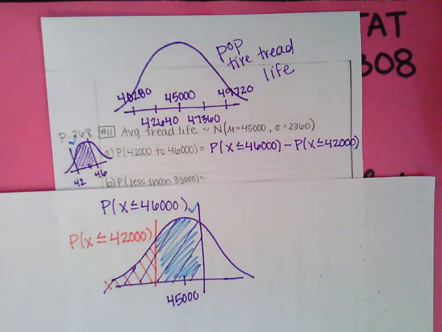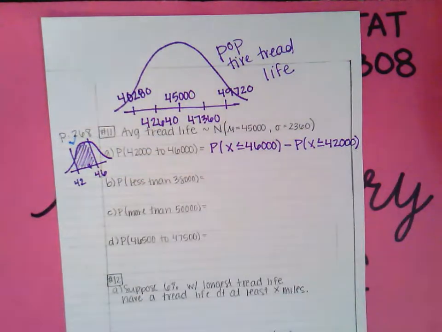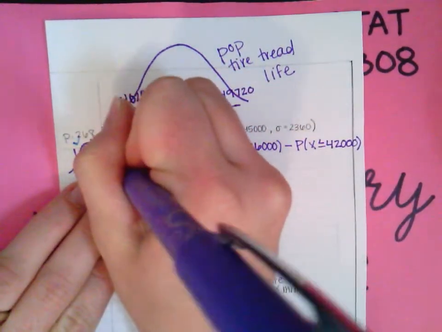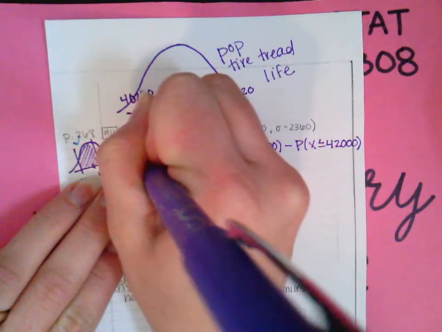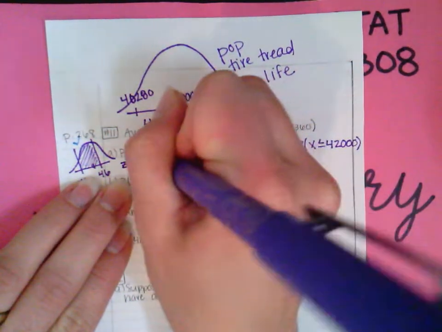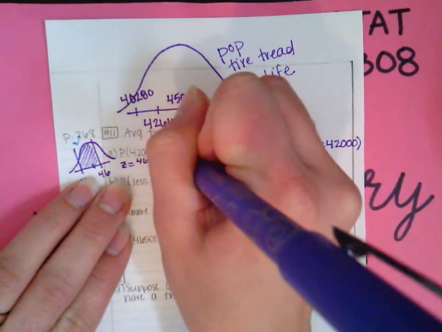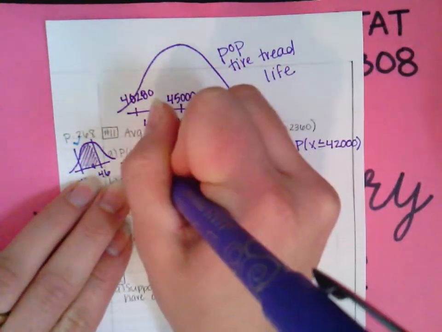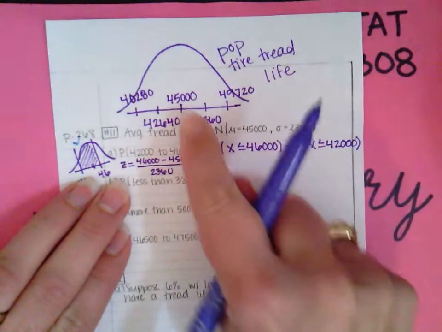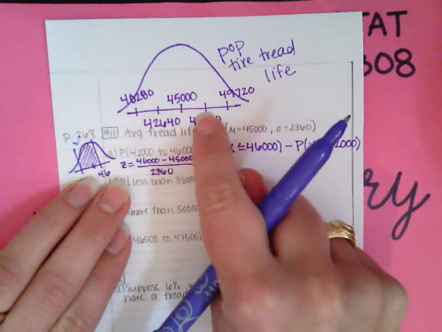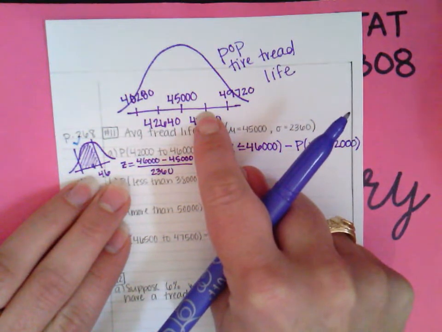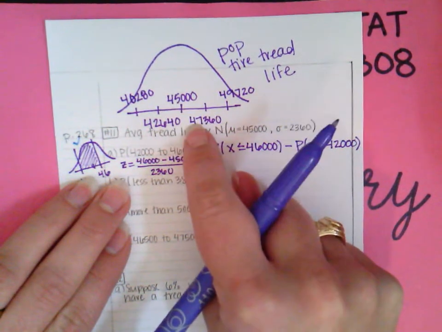So I'm going to find 2 separate z-scores, okay? I'm going to find a first z-score for 46,000. So 46,000 minus 45,000 all over the standard deviation. Now, if I'm thinking about it here, it's going to be a positive number, between 45 and 47.